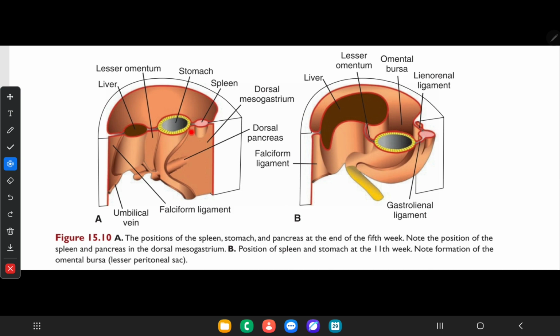You can see the dorsal mesogastrium has divided into two parts by this splenic primordium.